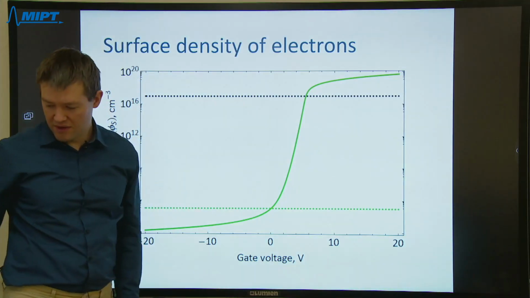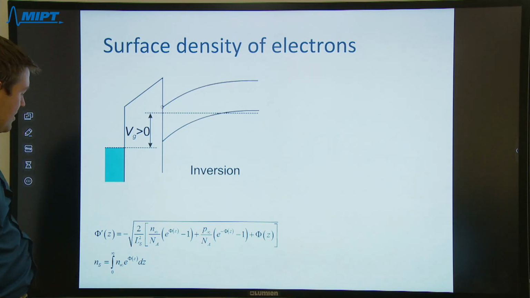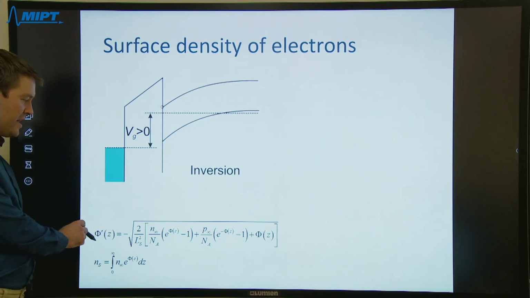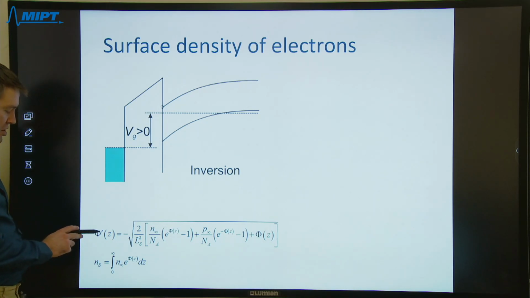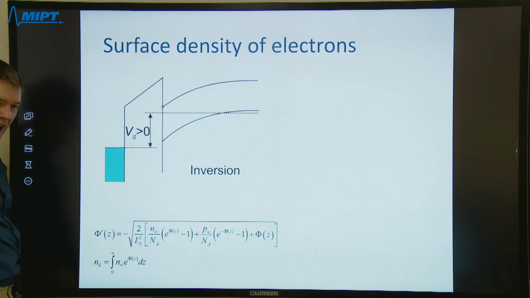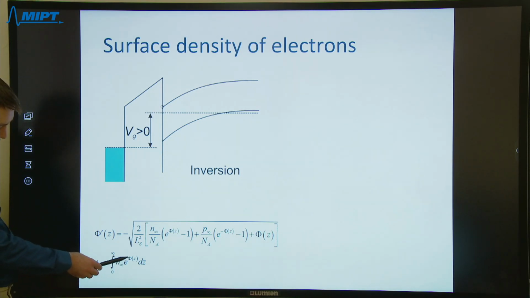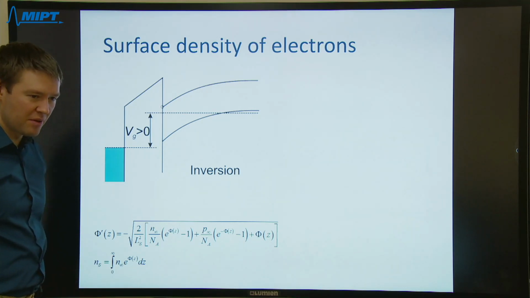It may look tricky, because we have resolved the Poisson's equation only as far as the derivative of the electric field versus the potential itself. And to get the full density of electrons, we need to take this Boltzmann distribution with electric potential and integrate it with respect to the coordinate.